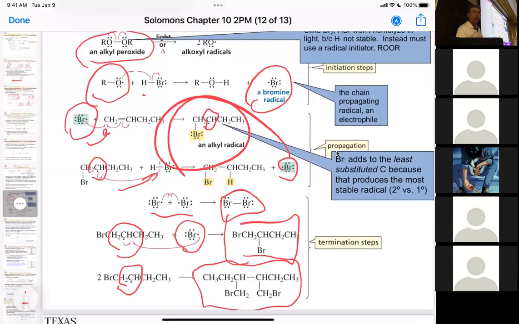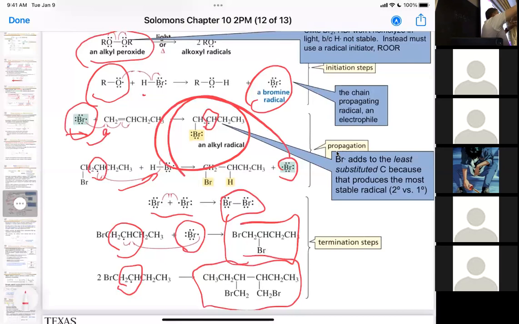So now we have our bromine here. In HBr and an alkene, just without the peroxide, which was the electrophile and which was the nucleophile? The partially positive hydrogen was looking for electrons, and it found those electrons in the double bond.